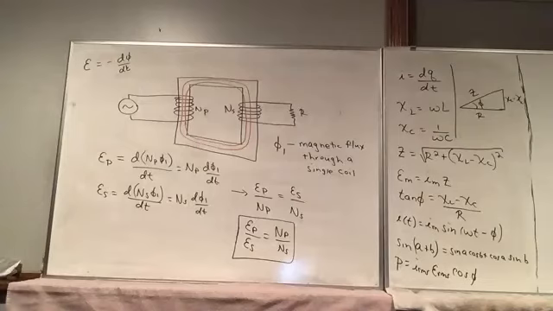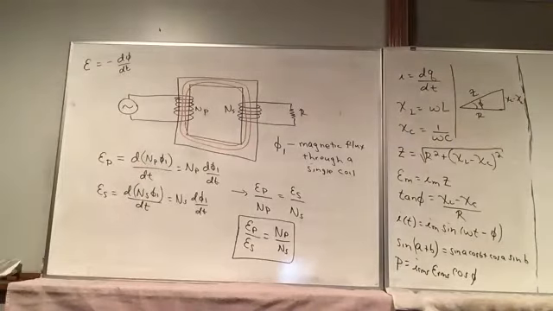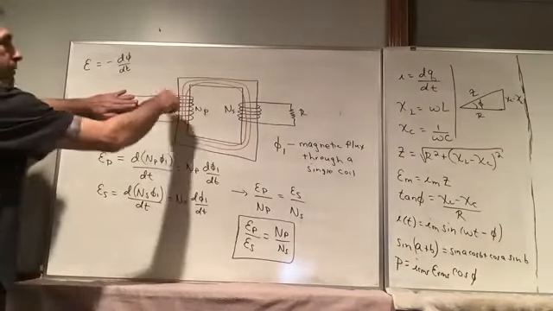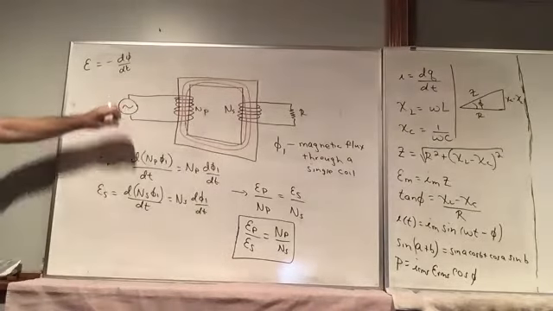But something like a transformer does not exist for direct currents. It requires this changing flux to happen. If you have a direct current, like a current going through a solenoid, you have constant magnetic field lines, and nothing's going to happen.